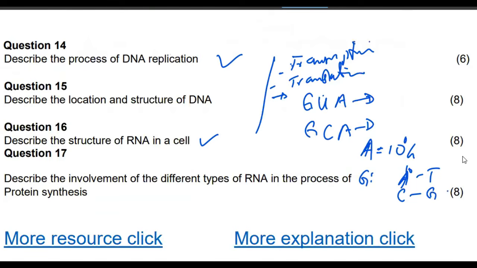If this is 10, or definitely this is 10, and then 10 plus 10 is equal to 20. Since this is percentage, therefore I'm going to say 100 minus 20, which means 80%. So it's going to give us 80% for these two, so divide by 2, and then it's 40%, therefore this is 40, then this is 40.